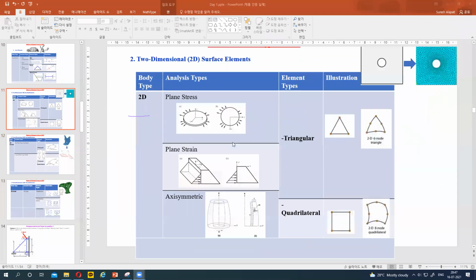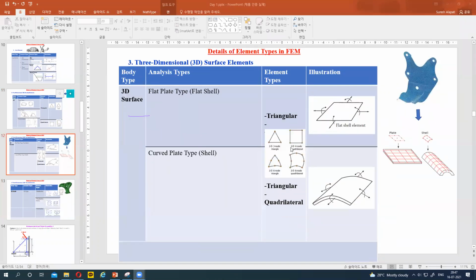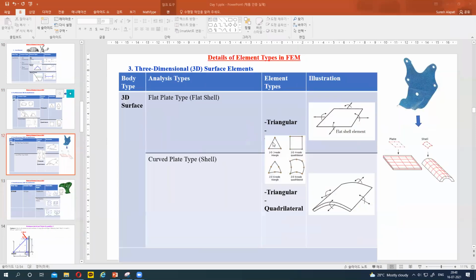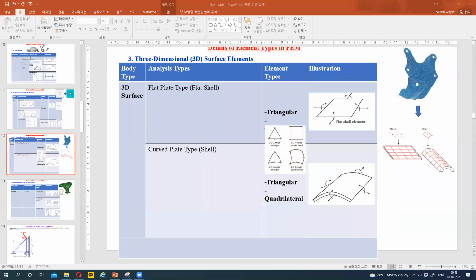But our ultimate aim is to reduce the number of elements and the simulation time. That's why we are assuming something, and we are using a line element or plane stress or plane strain or axisymmetric analysis or shell type of analysis.